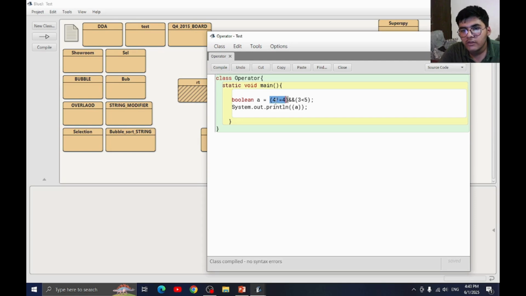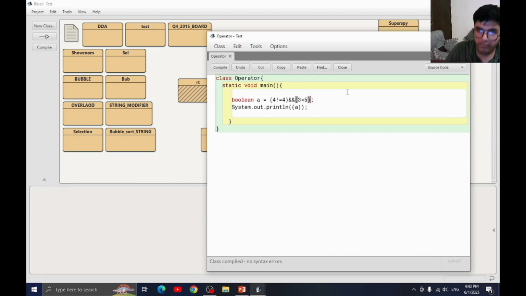Fine. So if the first condition is false, but the second is true, then the answer is false. If both are false, then obviously it's a false. If this one is true and this one is false, then also it's a false. This is the function of the AND operator. It does not give you a true until all the conditions which are listed are true, and you can keep on extending this.